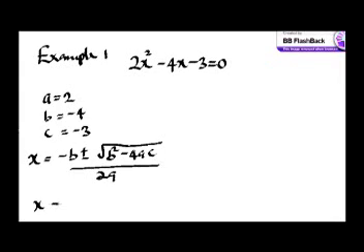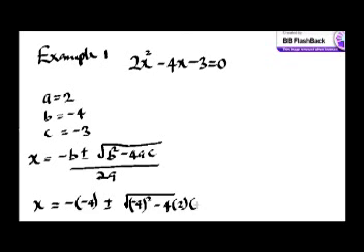And that's going to give me x is equal to, what is my b, minus bracket minus 4, plus or minus square root of minus 4 square, that's b, minus 4 bracket a, which is 2, c, which is minus 3. So everything here divided by 2 bracket 2, which is 2a.